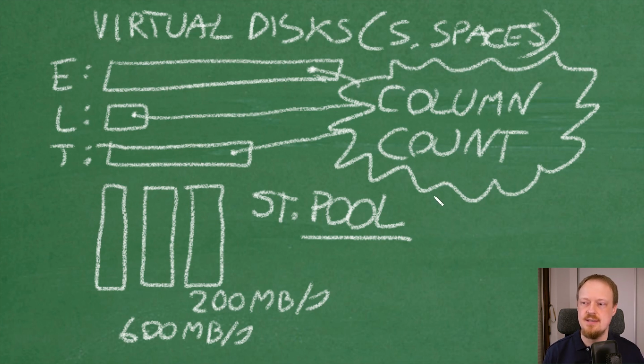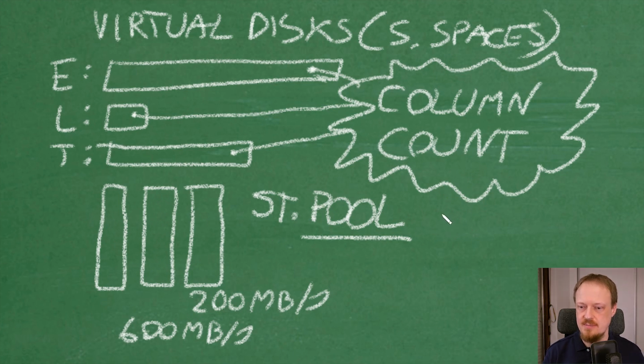If you say, I will use column count 2, that means you will use 2 disks at once, so you will get the speed of 2 disks. That will change, first and third, second and third, first and second, but at once you will use maximum 2 drives. That means you will get maximum speed of 400 megabytes per second. If you want the best speed, you need to set column count to 3 because you have 3 drives, and then you will get 600 megabytes per second.